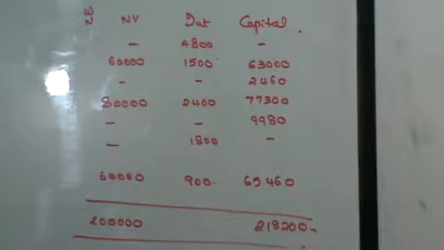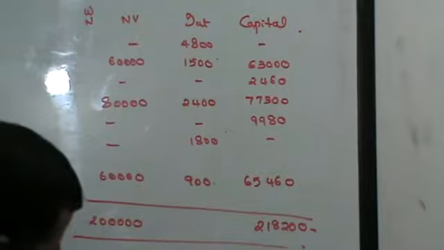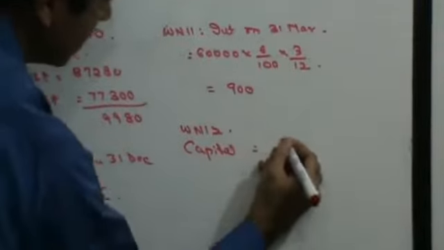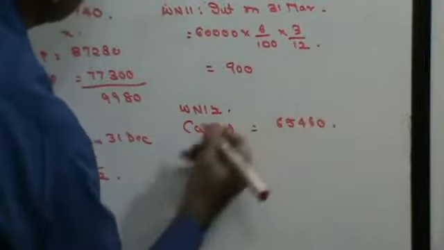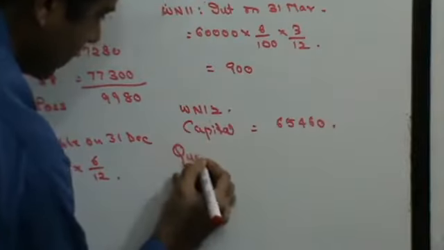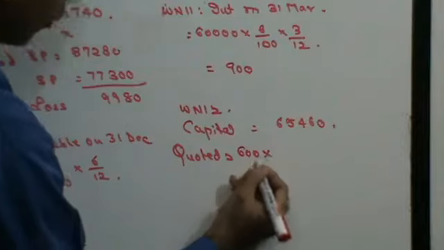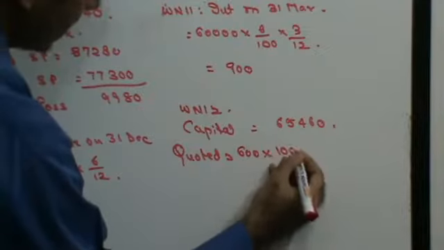The debentures are quoted at par. Prepare the investment account valuing closing balance at cost or market price, whichever is lower. The debentures are quoted at par. Working note 12: the capital value is 65,460. Now I have 60,000 in debentures, that means I have 600 debentures quoted at par, par value of which is 100.